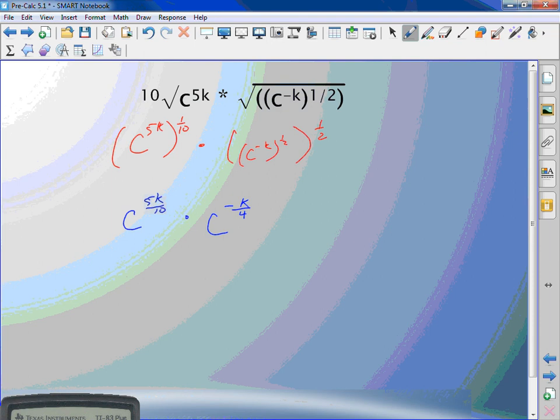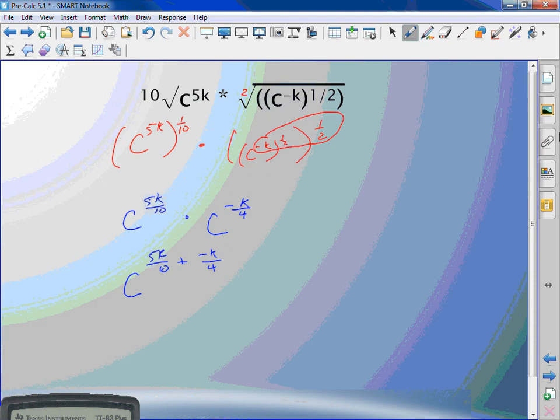That was your final step. All I did was multiply all three of these exponents, and that's how I got negative k over 4. Because this right here means a 2, which means it's to the 1/2. What do I do when I multiply? Add the exponents. So I have c to the 5k over 10 plus a negative k over 4.